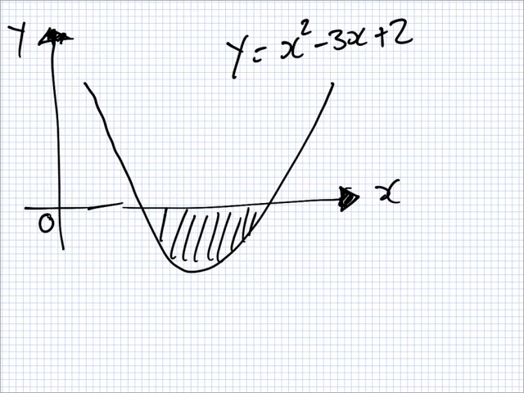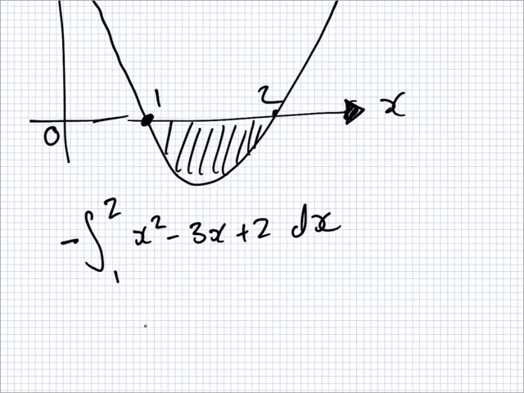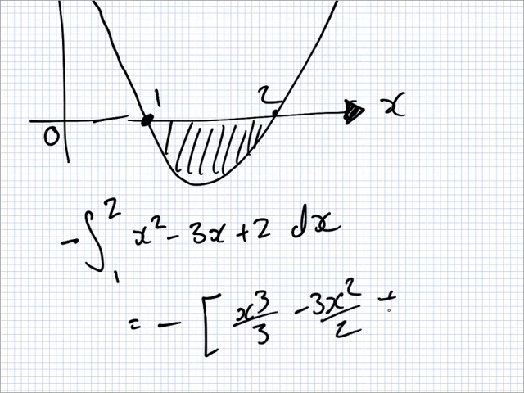Got that? So what are the roots here? 1 and 2. So the integration will be minus 1 to 2, x squared minus 3x plus 2 dx, which equals minus the integral, so that's x cubed over 3, 3x squared over 2, 2x, and 2, 1.